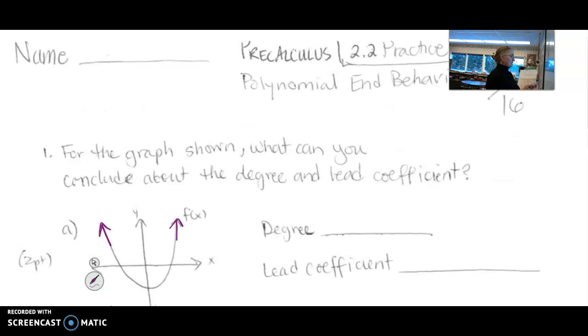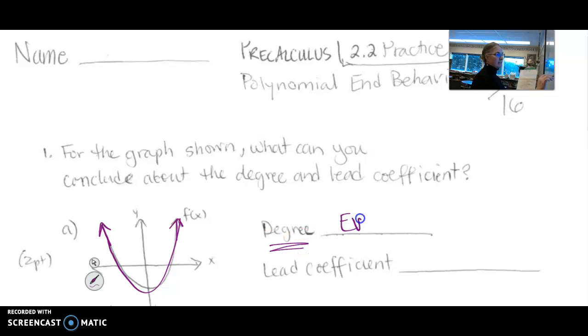And in particular, this looks like a parabola. So it's probably degree 2, because if the degree is n, you can have up to n minus 1 twists and turns in the graph, or extrema, which means maximums or minimums. But you don't need to be so specific. I'm just looking, when you're telling me the degree, is it even or odd?